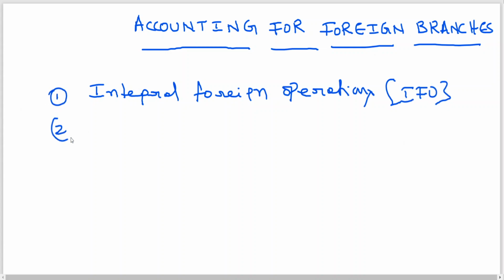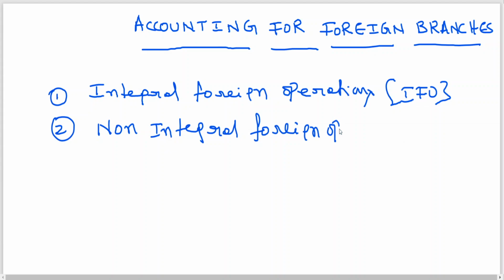Second one: non-integral foreign operation, NIFO.